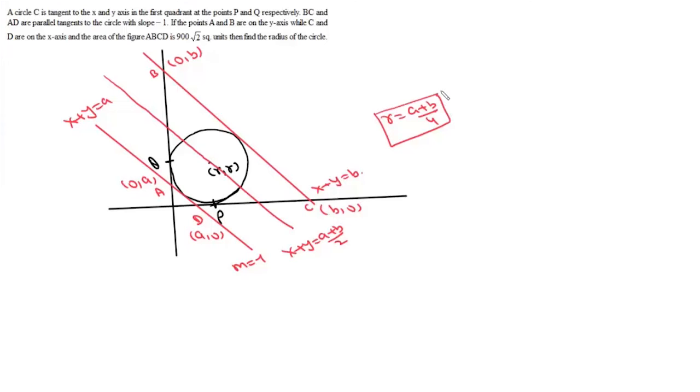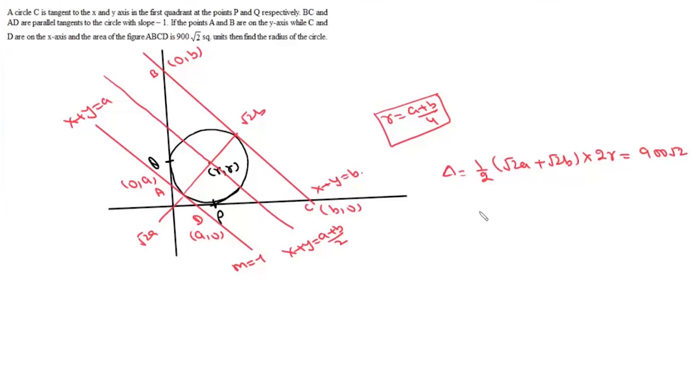Now we can write the area of this quadrilateral ABCD. Now this AD is root 2 a and this BC is root 2 b. So this area will be 1/2 times (root 2 a + root 2 b) into this perpendicular distance, which is nothing but 2r, and it is equal to 900 root 2.